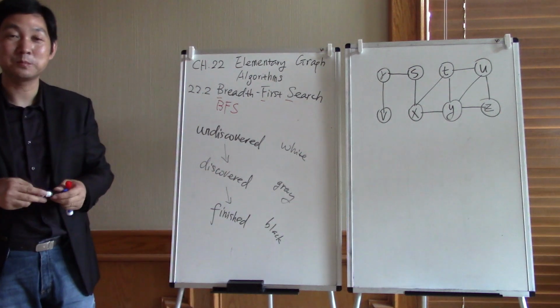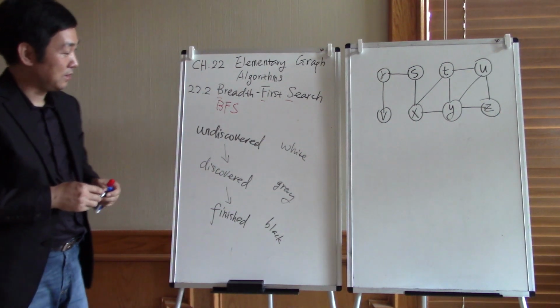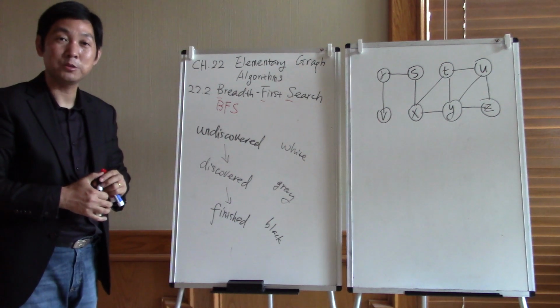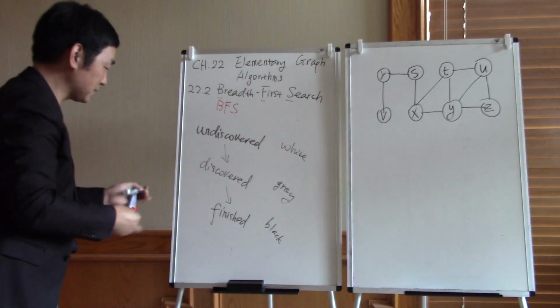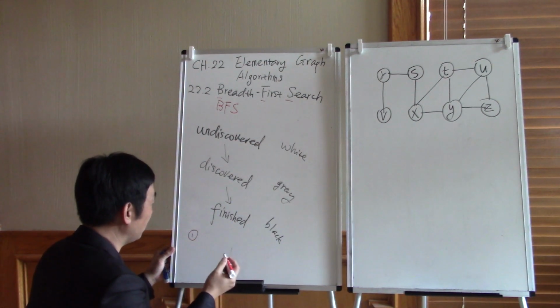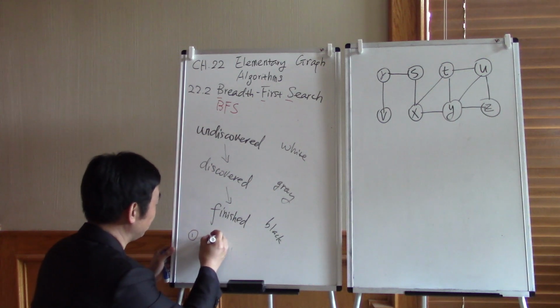Okay, 3 colors. And also, for every node, we are going to remember 2 things. Number 1, how far away it is from the root.